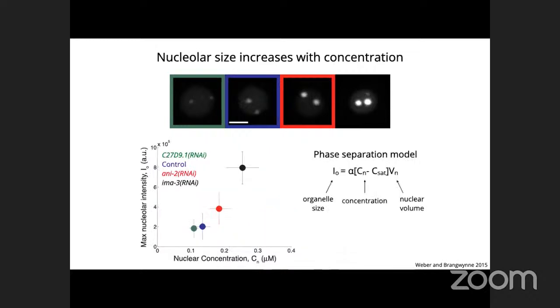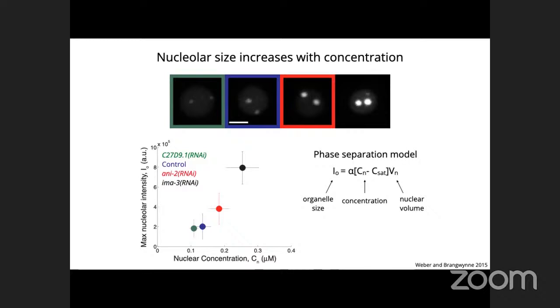And so we can compare this quantitatively to a model for phase separation, which relates the size of the organelle, so this is the intensity of the organelle, to the difference in concentration between the concentration in the nucleoplasm and the saturation concentration, times whatever the size of the box is, in this particular case the volume of the nucleus.